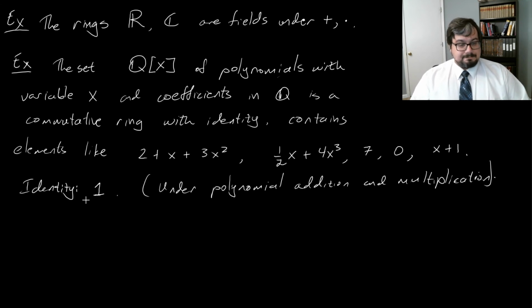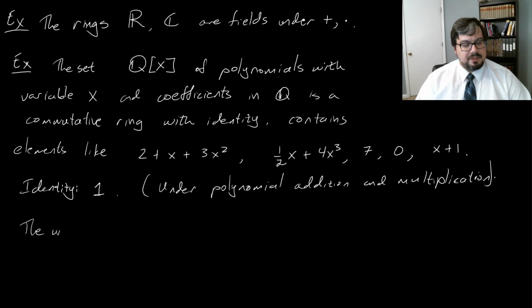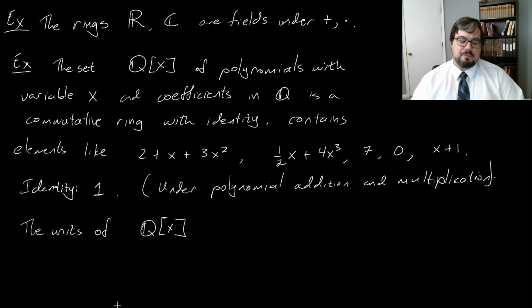And furthermore, we have units. The units of Q adjoin X are going to be those polynomials that you can multiply by some other polynomial in order to get back to the element 1.